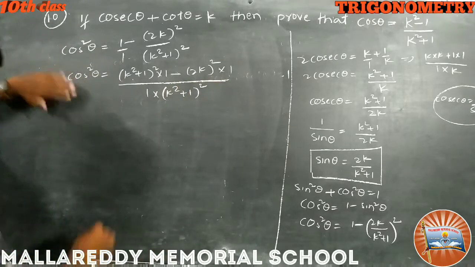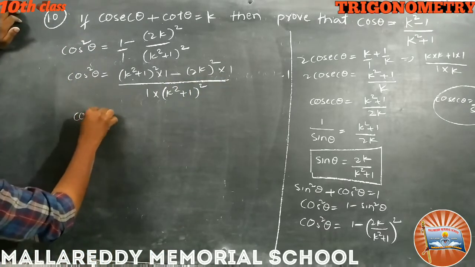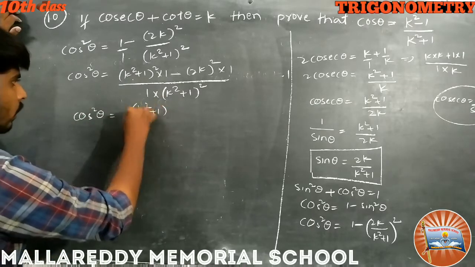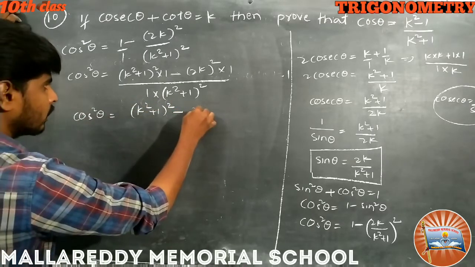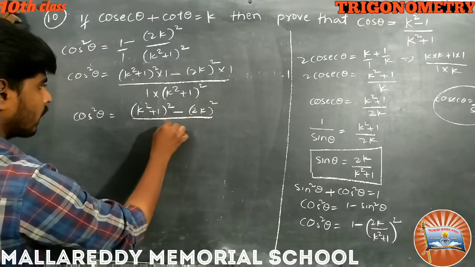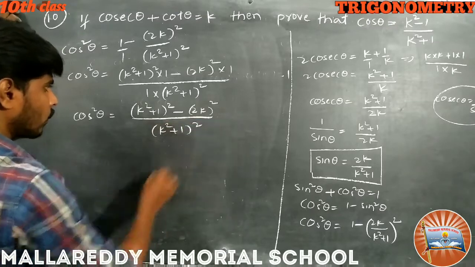Okay, right. So cos square theta is equal to (k square plus 1) whole square minus (2k) whole square by (k square plus 1) whole square.